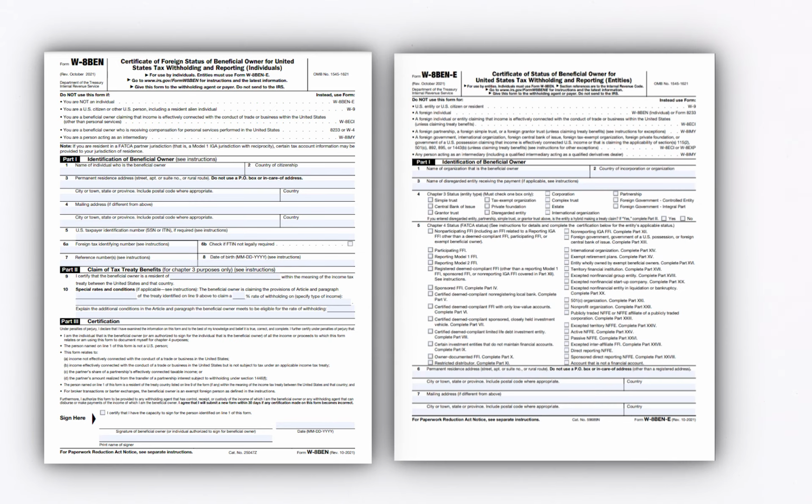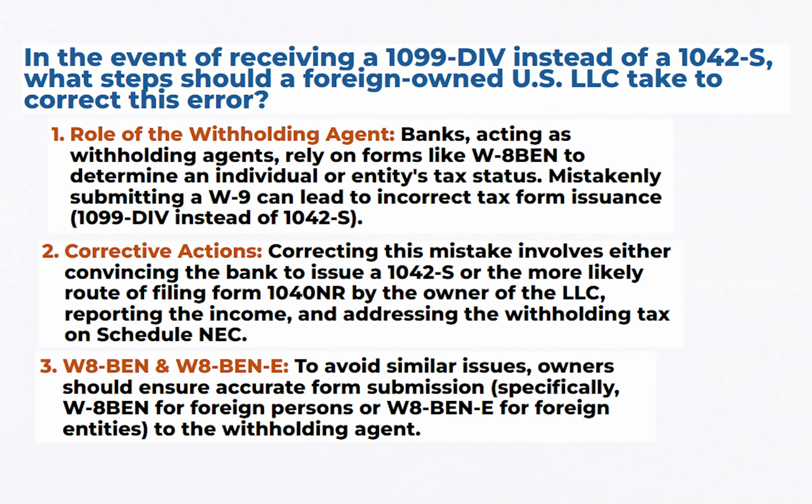If you're a foreign entity, you give the withholding agent a W-8BEN-E. This makes sure that whenever a payment is made, they take out the required taxes and pay you the rest. It also helps avoid filing a 1040-NR, because the banks would have helped you pay the final taxes by withholding from the source.